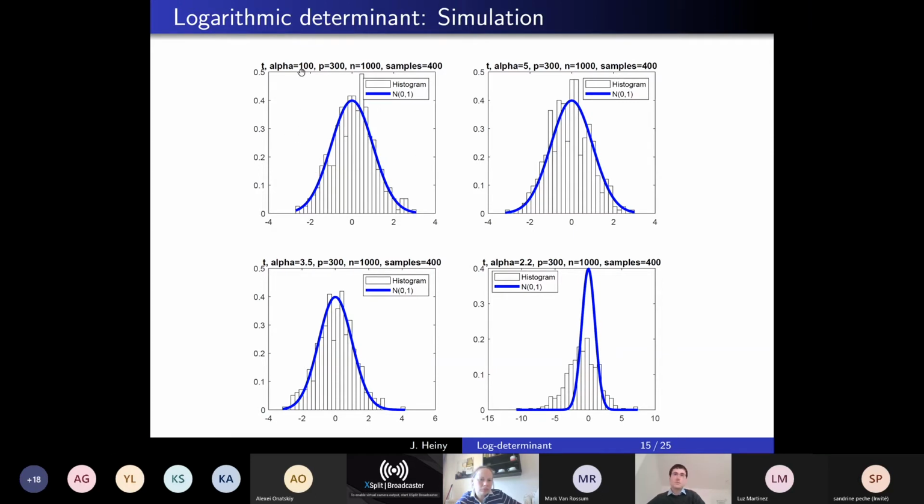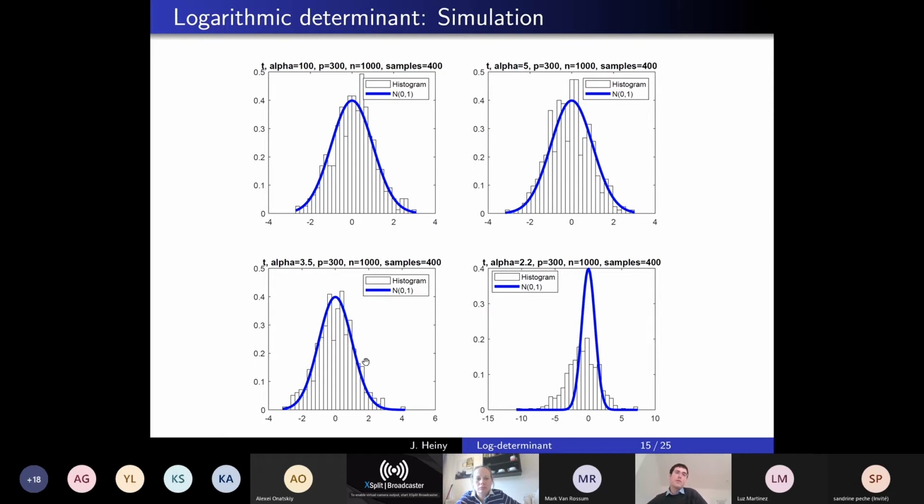And then we vary the parameter alpha here. And of course, as long as alpha is larger than 4, the fourth moment is finite. So all the assumptions are satisfied. So this is the case alpha equals 5.